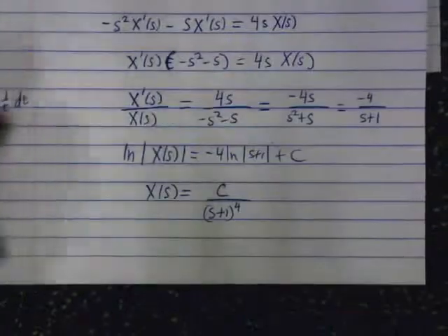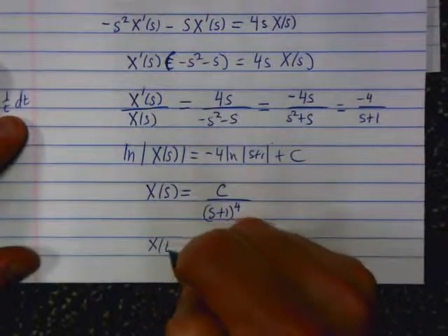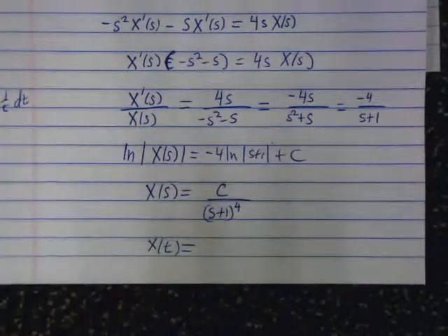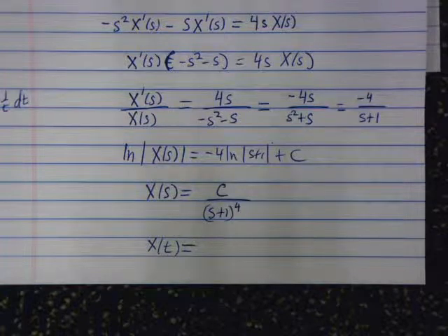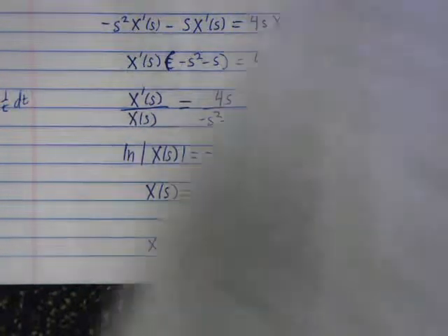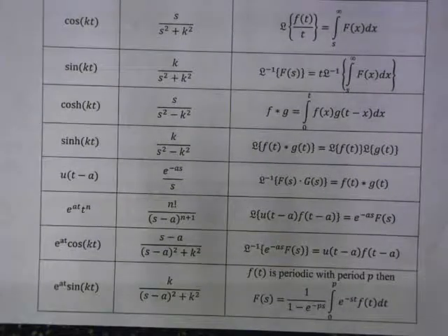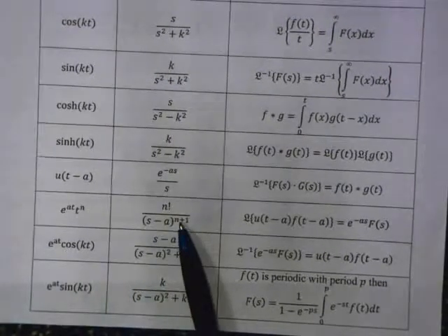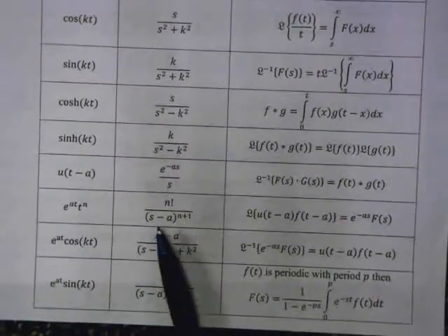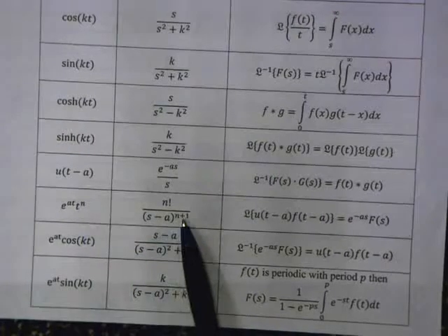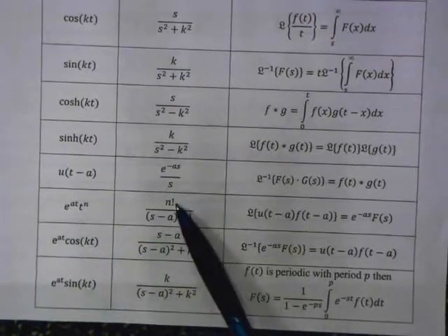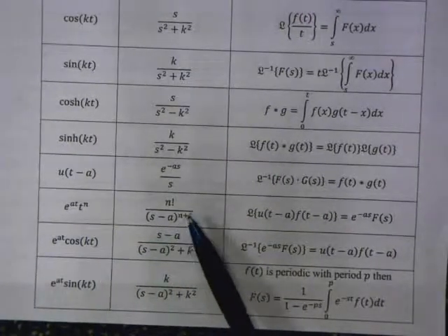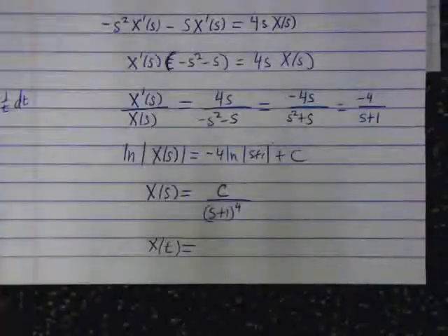And finally, little x is, you look on your big chart of Laplace transforms, you're looking for something that has s plus 1 to the 4th down on bottom. If I have an s plus 1 to the 4th down on bottom, what do I need up on top, though? I need a 3 factorial, which is a 6.